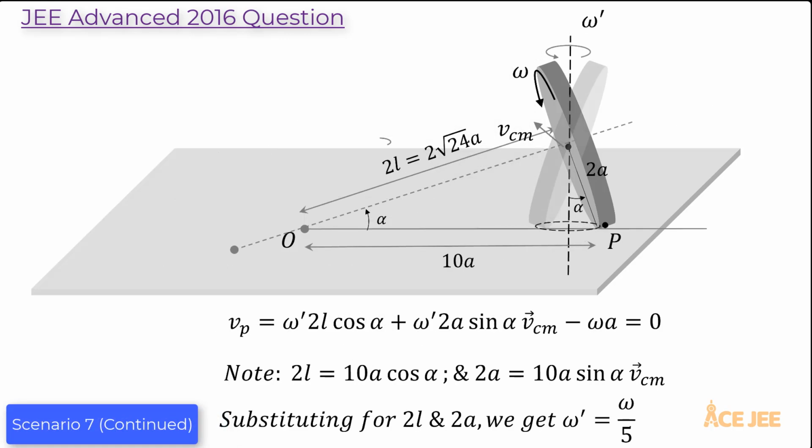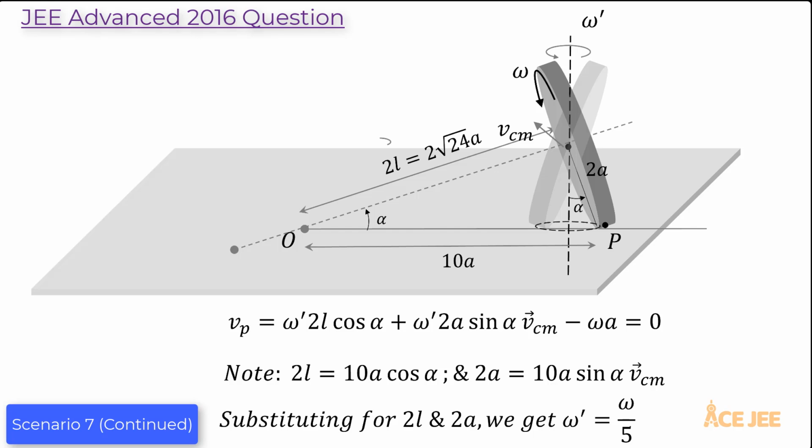Alternatively, we can use the velocity of point P, which is the contact point with the ground, equal to V_CM plus omega about center of mass cross R_P, R_P being the position vector of that contact point from the center of mass or the center of the disk. Something we have been using earlier as well.